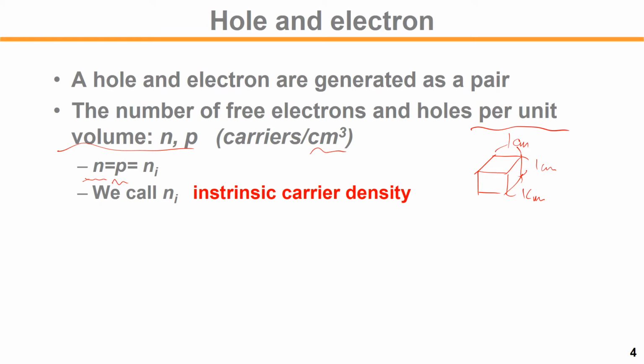The number of free electrons and holes inside the silicon is the same, so we call it ni. This is called the intrinsic carrier density. If the temperature rises, ni will go up, as I explained before, because the numbers of holes and electrons increase as we increase the temperature.